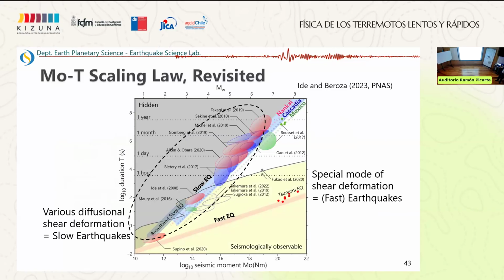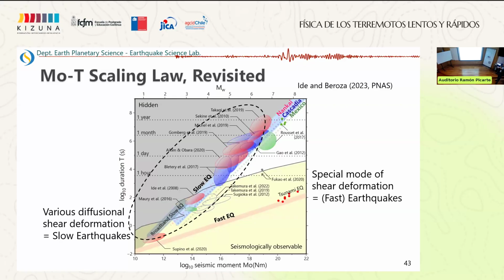Probably because of that, most slow earthquakes along the San Andreas Fault fall around here, usually the hidden region. But near the San Andreas Fault, we have very good observation, so our detection limit goes slightly in this direction. So we can plot San Andreas Fault phenomena around here. And we know that is slightly on the left of this law. It is probably because in the San Andreas Fault, the region of slow earthquake is very limited.